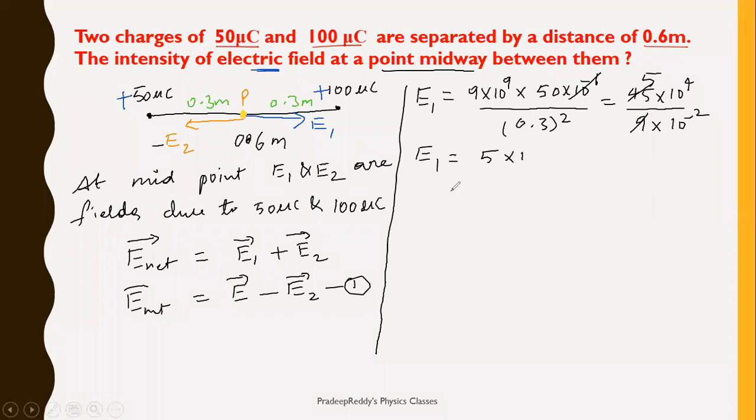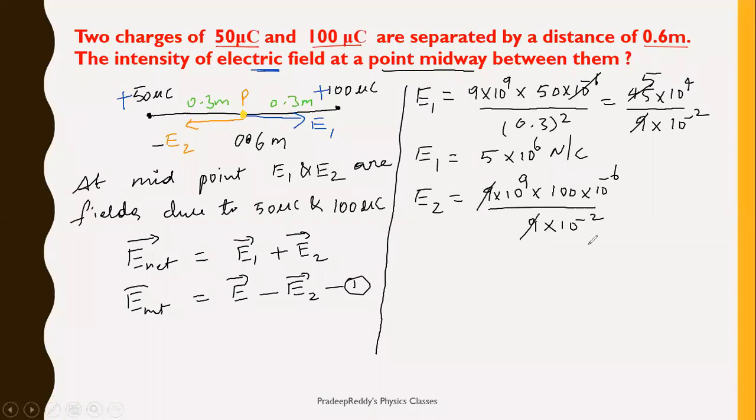That is E1. Similarly, find out E2. E2 is equal to 9 into 10 power 9 into 100 into 10 power minus 6 divided by 0.3 whole square, which is 9 into 10 power minus 2. 9 gets cancelled. 10 power 9 and 10 power 2 go together.